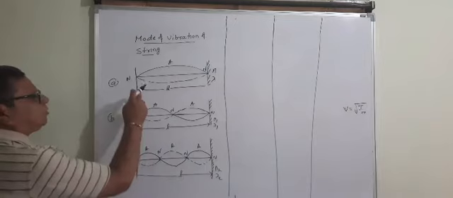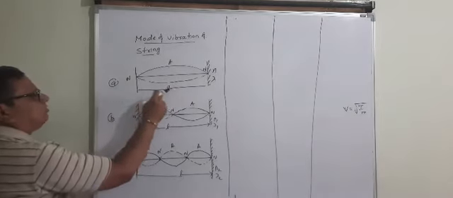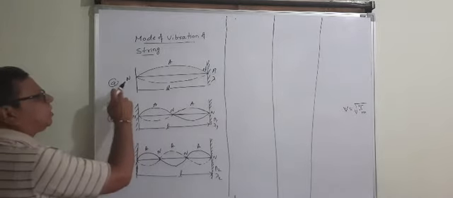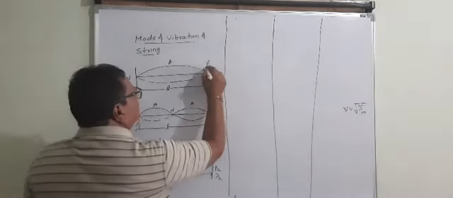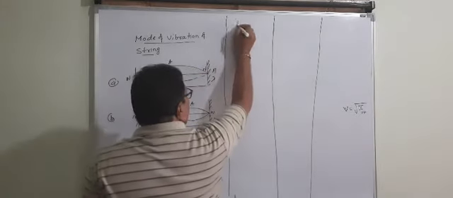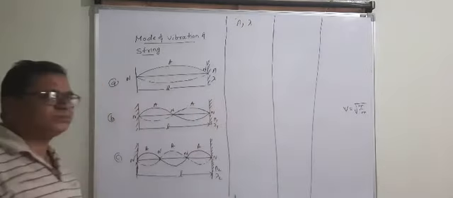The simplest mode of vibration of a stretched string is as shown in figure A. It consists of two nodes and one antinode. Let n be the frequency of vibration and lambda be the wavelength of the wave.